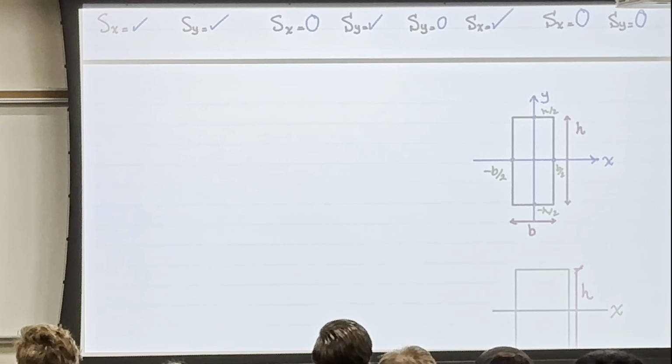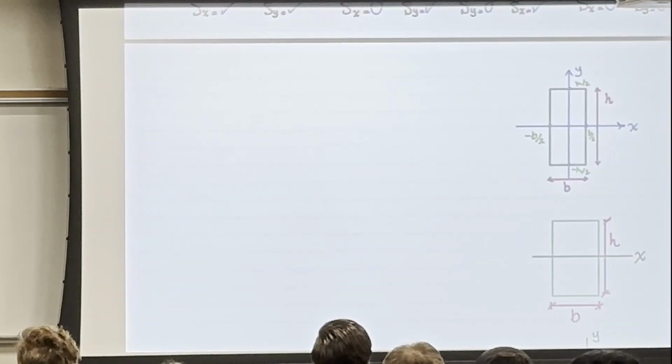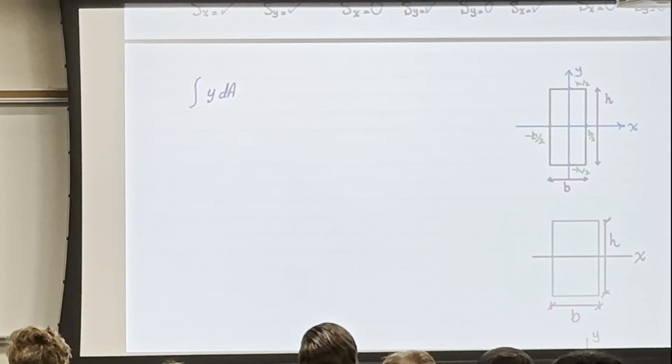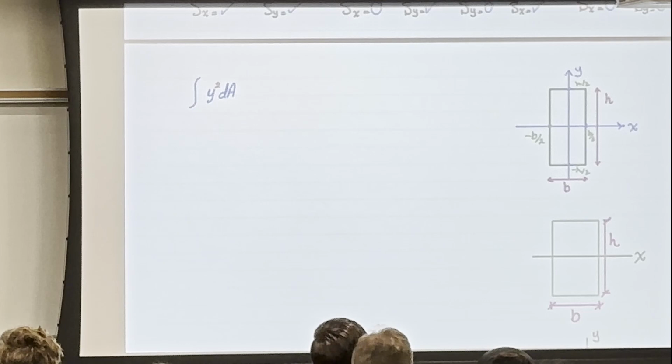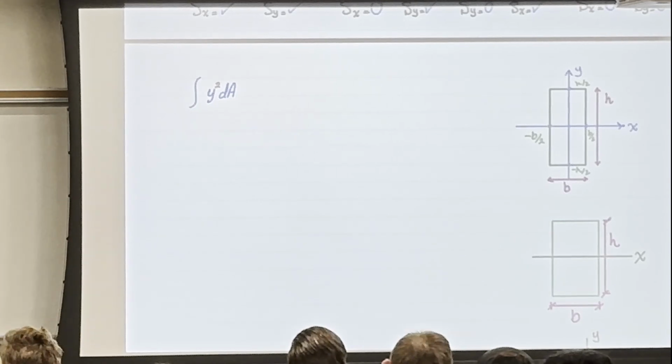That's why we said, okay, what if instead of the integration of y dA, which is the first moment of area, we raise the power by 1, so we have the integration of y squared dA. This is a new term we have here.